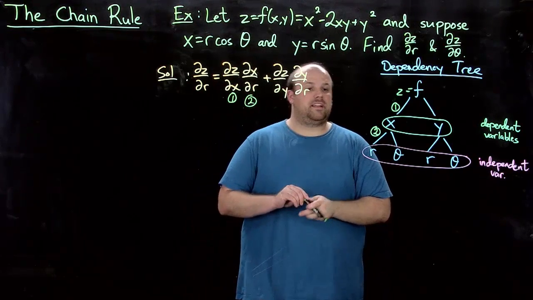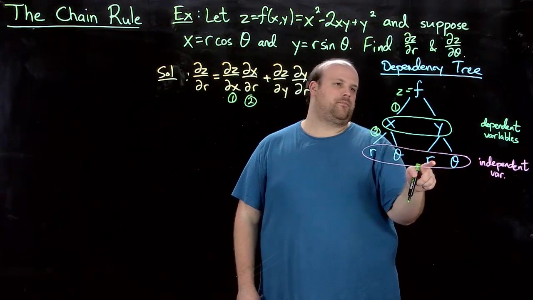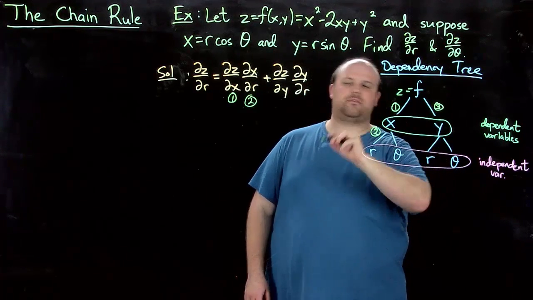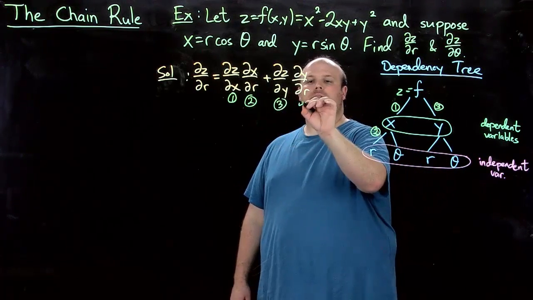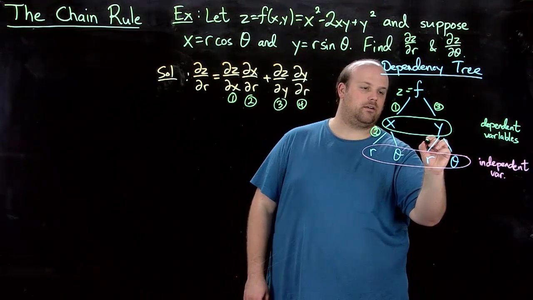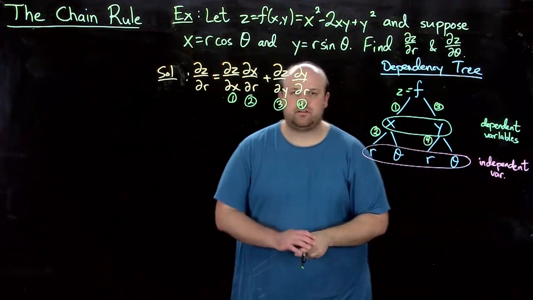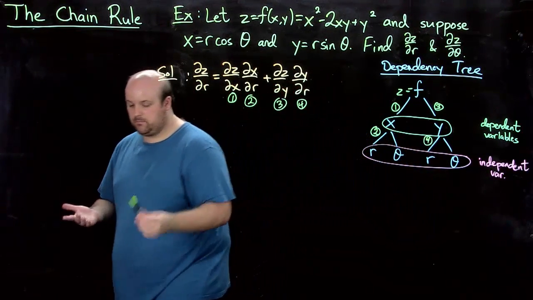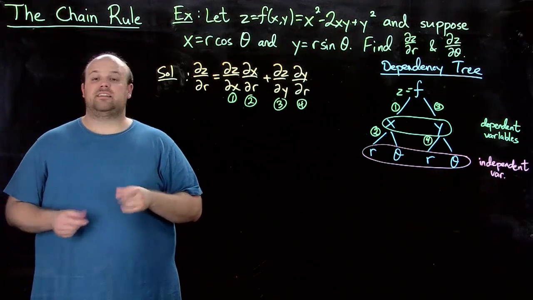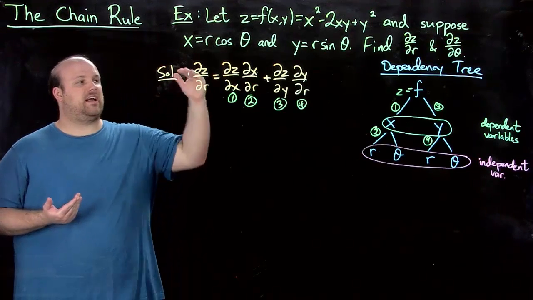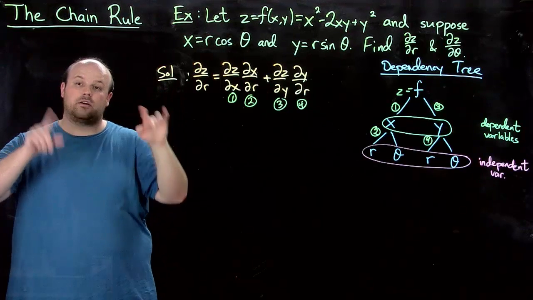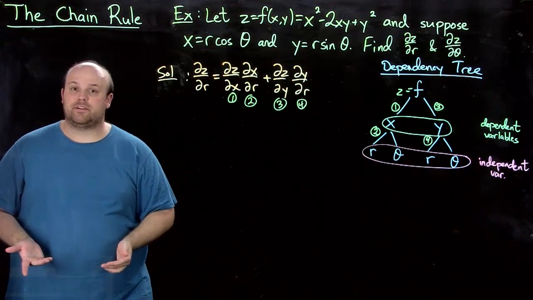But now we can also go to this R down here. So we can do the derivative of Z with respect to Y. So here's the third one. And then we can go from Y to R, so we take dy dr. So when we're using this dependency tree, what we're really doing is looking for all the paths that start at the function, Z or F or whatever it happens to be called, that go all the way down to the variable we want the derivative with respect to.